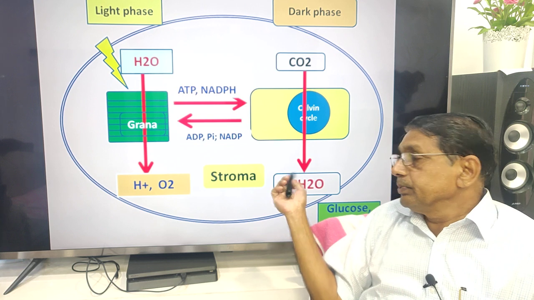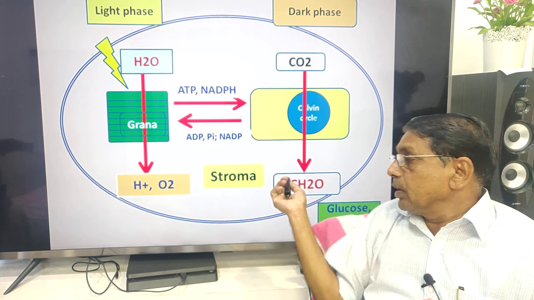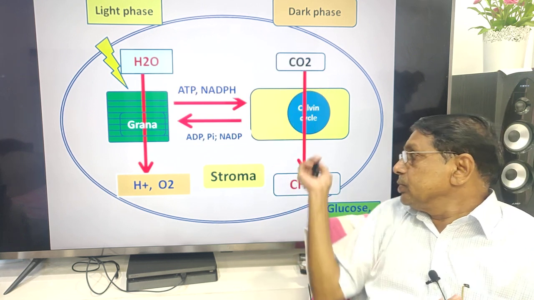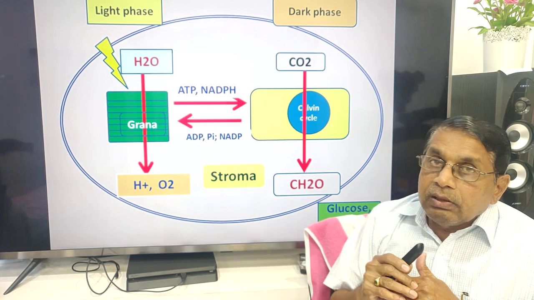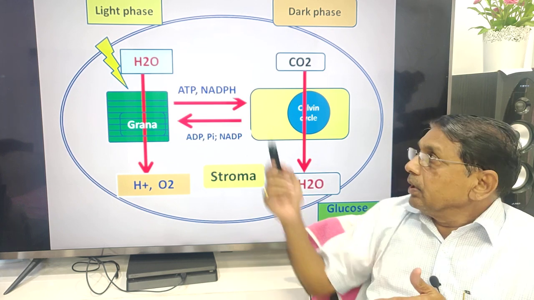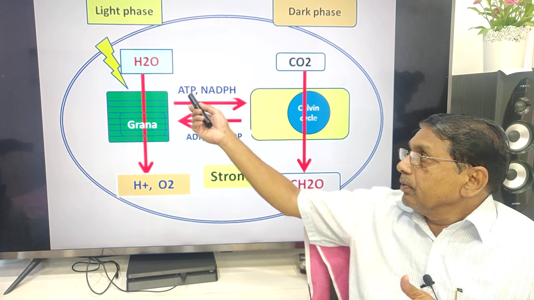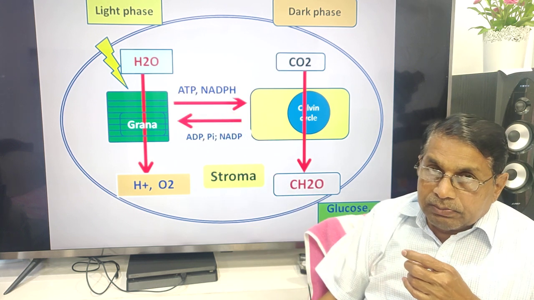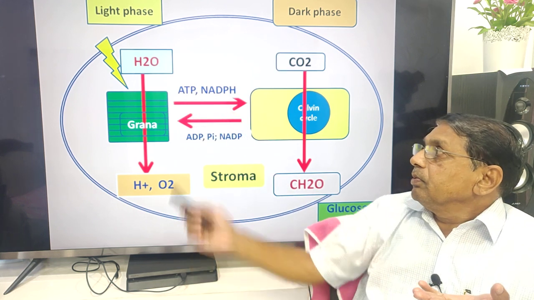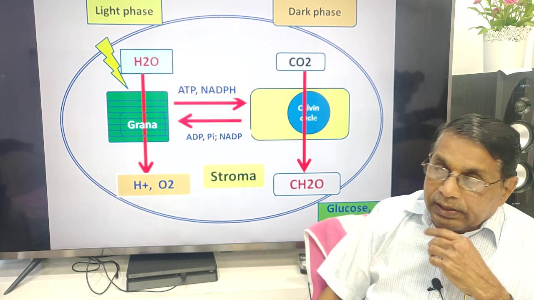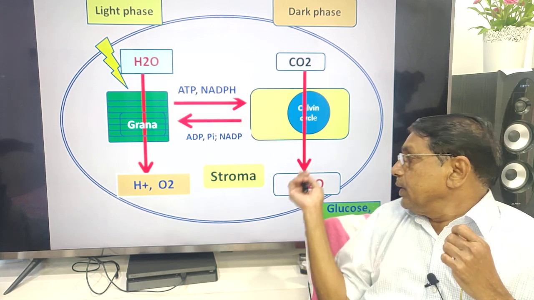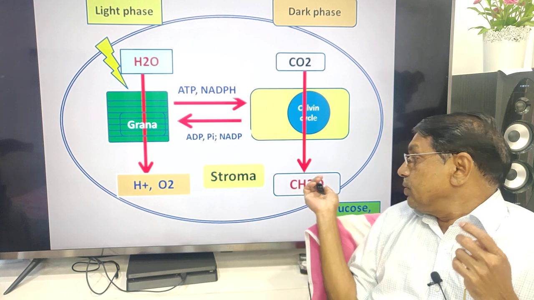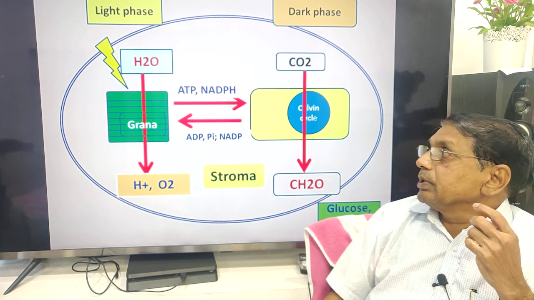Oxidized to reduced, inorganic to organic, energy less to energy rich. Then where does all this come from? The required energy comes from the ATP. The reducing power is given by the NADPH. Therefore, energy rich carbohydrates are synthesized, glucose and starch.